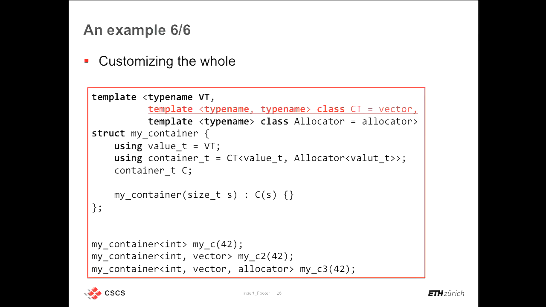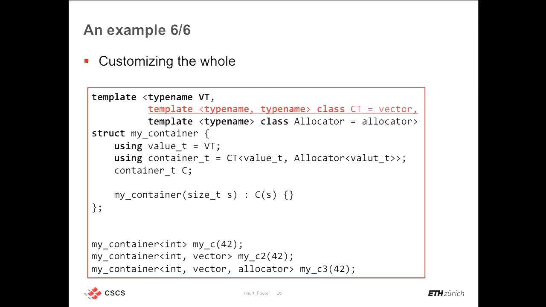We pass a value type, we pass the container we want to use, and the allocator we want to use. And these will have a template argument, which takes my container, which takes two arguments, the value type and the allocator. The allocator is a template that takes one argument, and then the value type is VT.